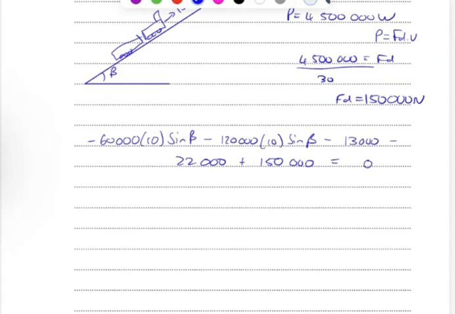Okay, so on my one side of the equation, I've added up my sine betas, and then I'm keeping, so I've taken those to the right, I'm going to keep these on the left. It's minus 13,000 minus 22. Okay, that's 115,000. So now divided by 1,800,000.